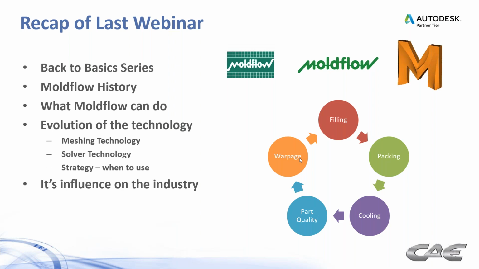We talked about how the technology has evolved through mesher technology, solver technology, how people have used it strategy-wise when they've used it as either a band-aid approach after a mold has been built and parts are being made, or the best time to use it, which is way ahead of cutting steel on a mold.